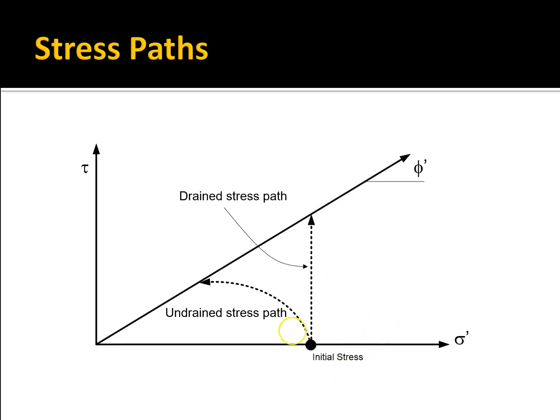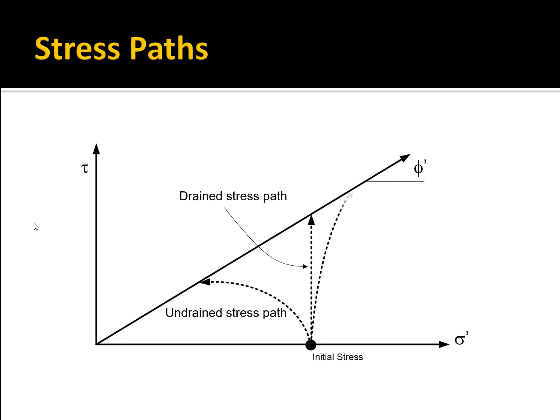That increase of pore pressure causes the effective stress to decrease, and so it follows this path. The more you shear it, the lower the effective stress gets, and eventually you fail. And it could be anywhere along here. I just drew a sample path.